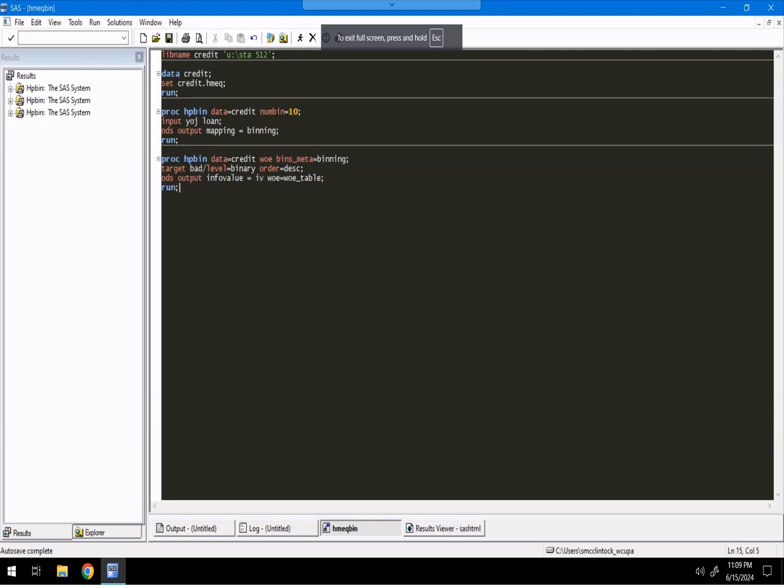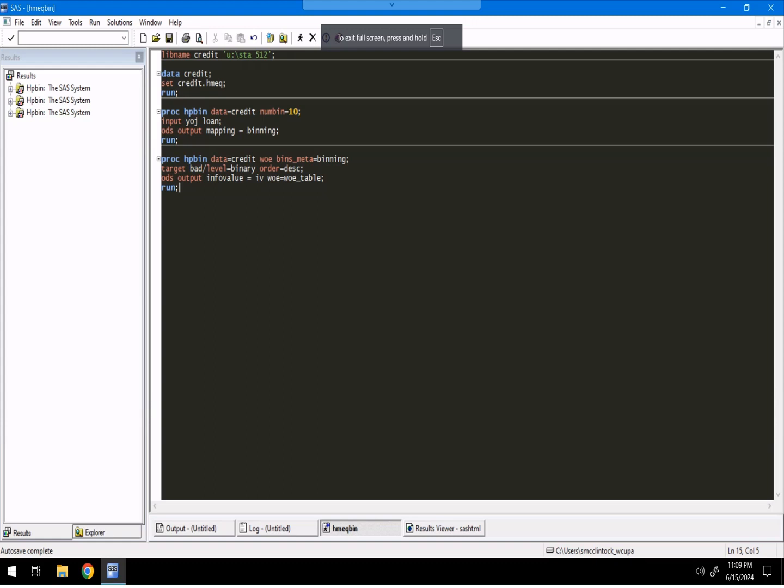Here's a little bit of playing around code to give you a sense that it is pretty tough to do, particularly with base SAS. There are more bells and whistles in terms of doing this in Enterprise Miner. With proc HP bin, I can specify ahead of time how many bins I want.